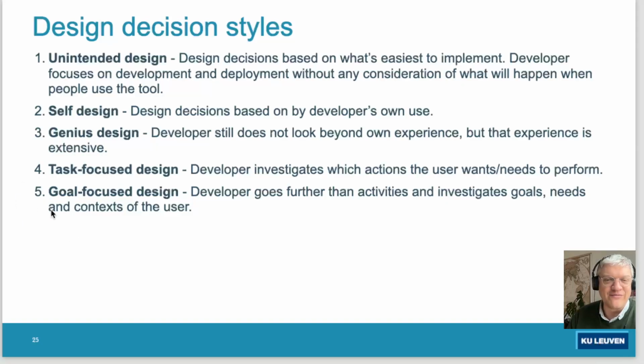And then the fourth and the fifth one really focus on the user, right? So basically talking to the user and knowing what they want to do. The task-focused design is short-term: what tasks do they want to perform? Whereas goal-focused is much longer-term: what do they want to accomplish at the end, and how can we help them get there?